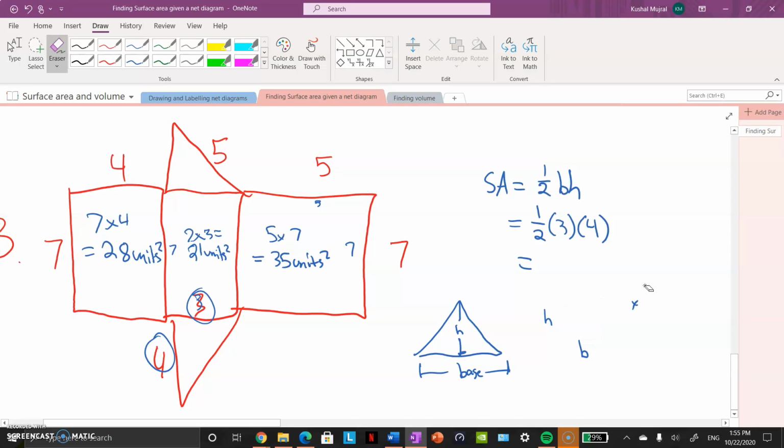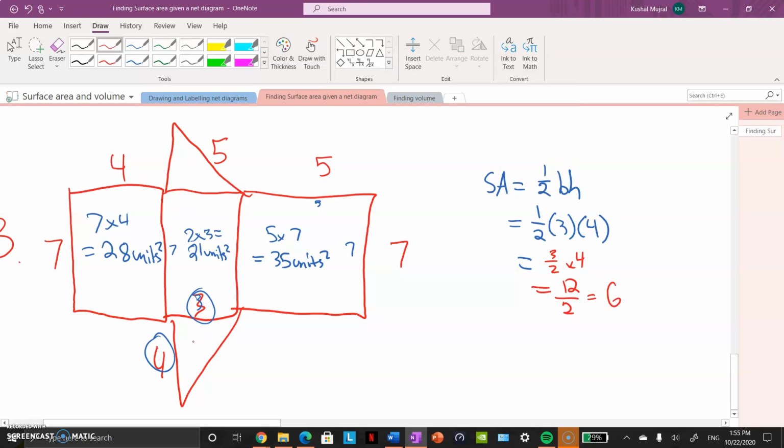So 1 over 2 times 3 times 4 is 3 over 2 times 4, which is 12 over 2, which simplifies to 6 units squared.